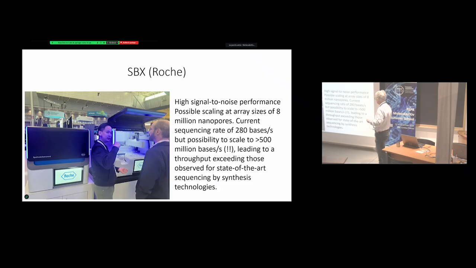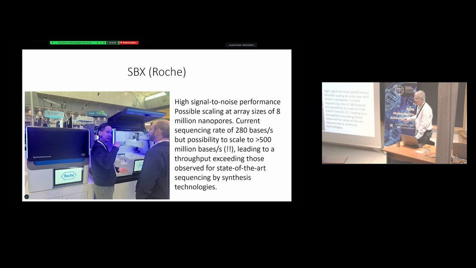Well, you have to consider that at that time, they are only at 280 bases per second, so they have some improvement to make, but they are claiming that it's easy to do. And so in the near future, it may be that this will find a space for some type of sequencing, but it is too early at the moment. The machine exists, however.